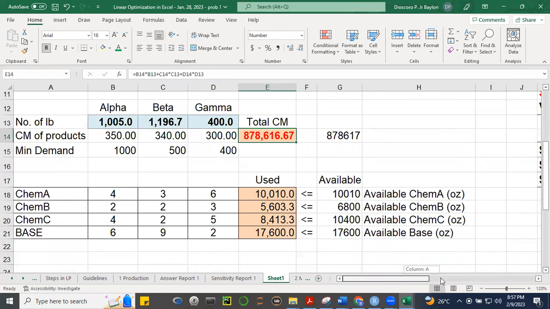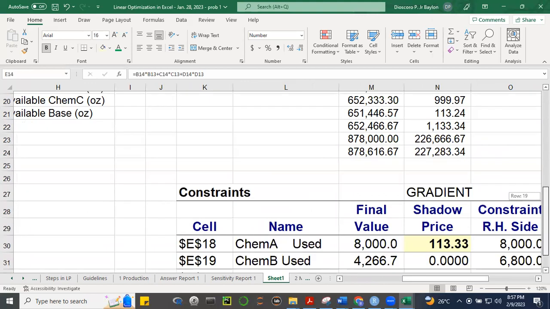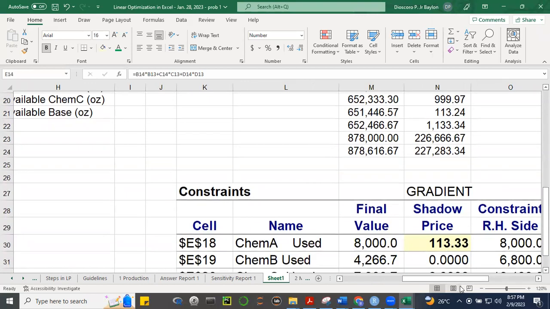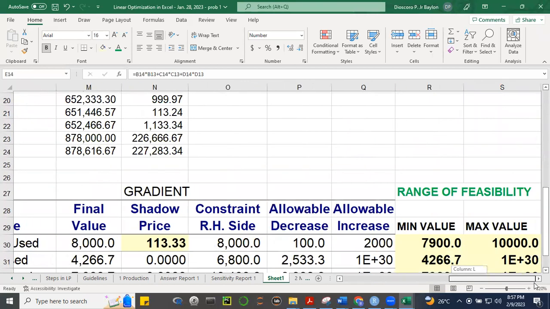It will increase by 113.33 within this range of feasibility. Okay? So kunyari kung bawasan natin ng 100, okay? Bawasan natin yung 100, yung chemical A, yung available niya. Yung objective function natin, yung value natin na total contribution margin, mababawasan ng 100 times 113.33.